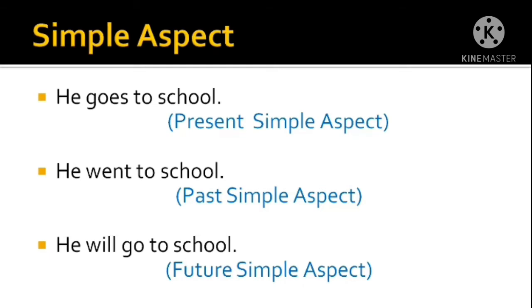It's a very simple sentence having only 4 words. He goes to school. I think there is no problem in understanding the meaning of this sentence. You have the third person singular number, he, functioning as the subject of the sentence. There is a main verb, go.